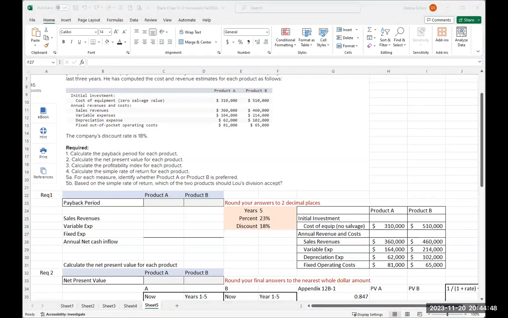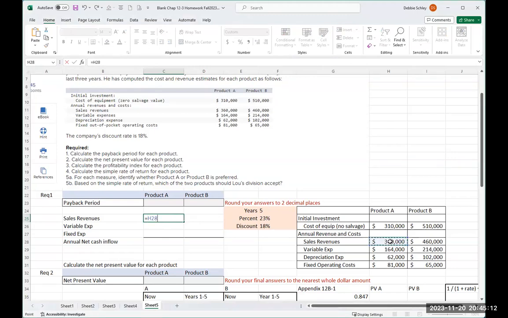So if you'll recall, payback period is the cost of the initial investment in the equipment divided by the annual net cash inflow. So in order to find the inflow, we need to have the revenues for A. We have a negative variable expense, and then we have a negative fixed expense.